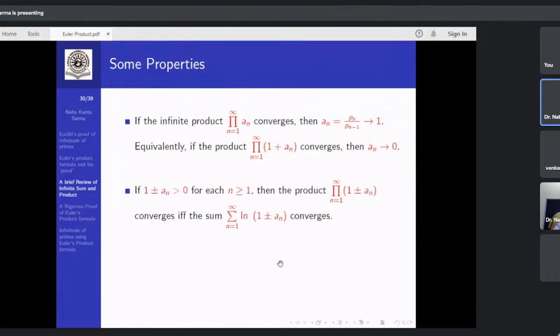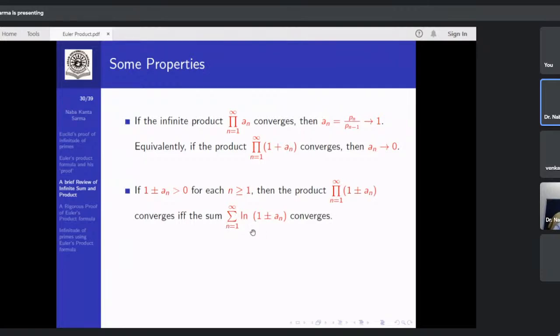So, two very important results. The product converges if and only if the sum converges, just like I mentioned in the beginning, with this logarithm part. So a product converges if and only if the sum of the logarithms converges.